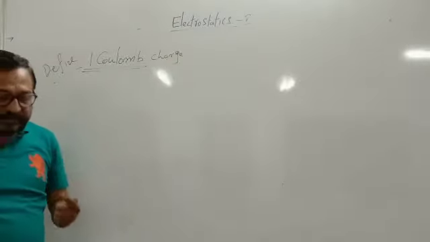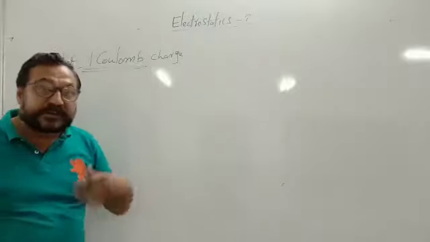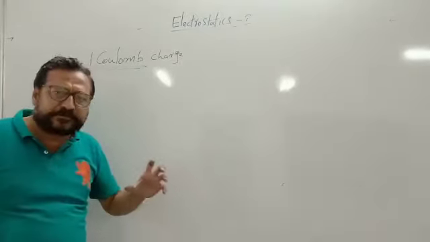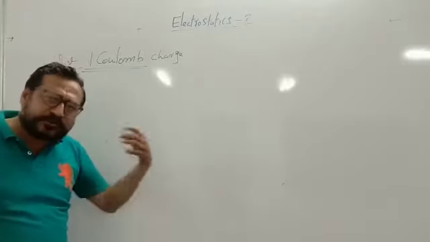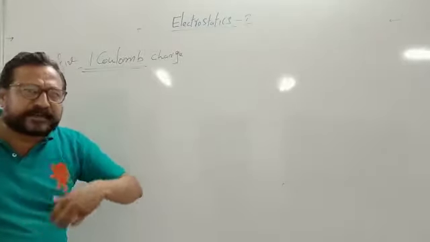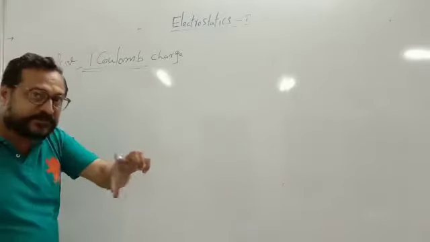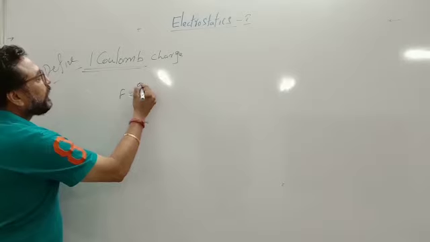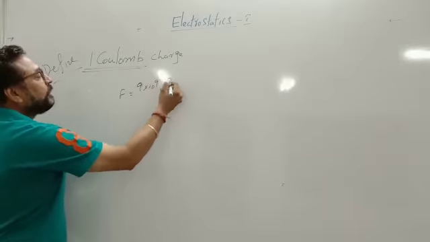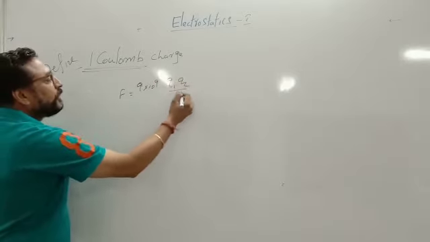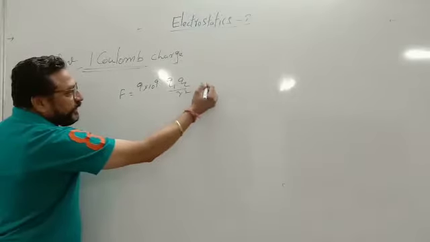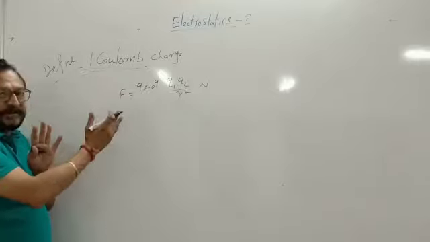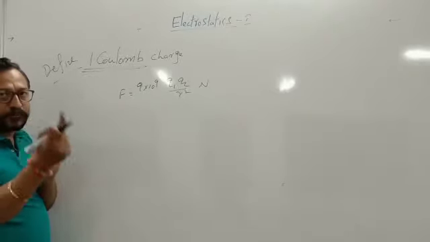Otherwise you will have to memorize it from the book. You create it yourself, derive it yourself, and develop a new dimension. Easiest formulation, right? F is equal to 9 into 10 to the power 9 Q1 Q2 upon R square. It is measured in Newton. Then all the values put together and we define what is 1 Coulomb charge.